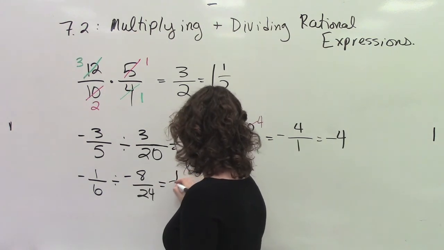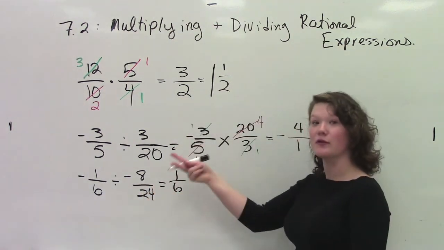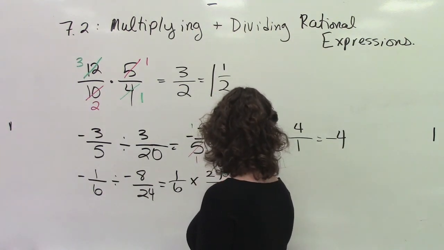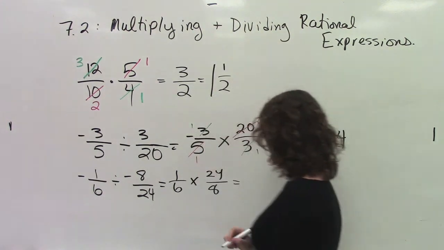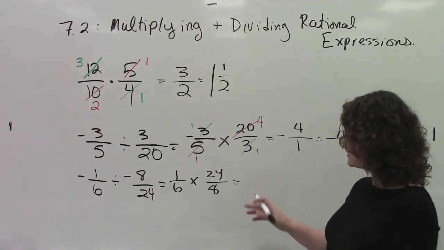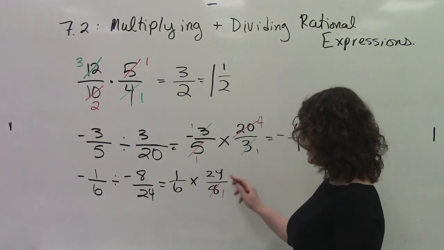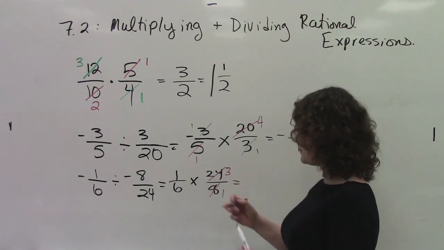So 1 over 6, we want to multiply by the reciprocal. Okay? Actually, I just found an easier way to do this. 8 goes into itself once. 8 goes into 24 3 times.